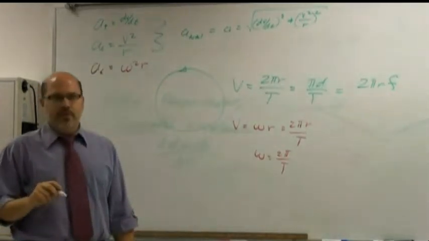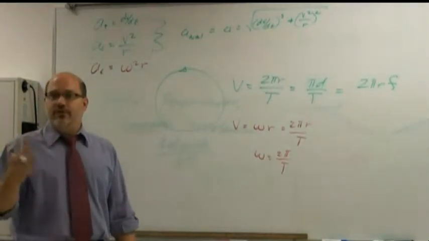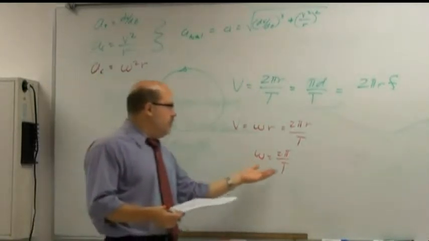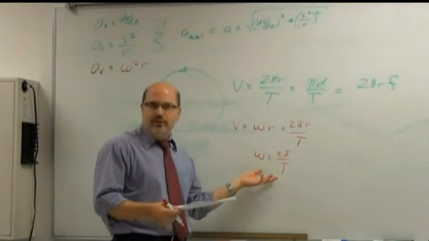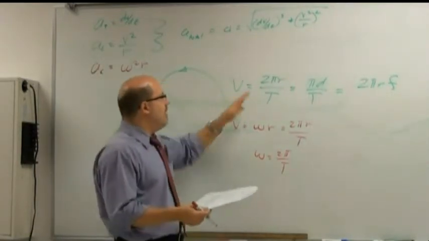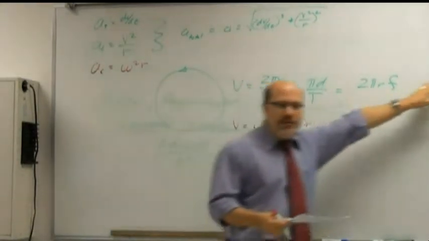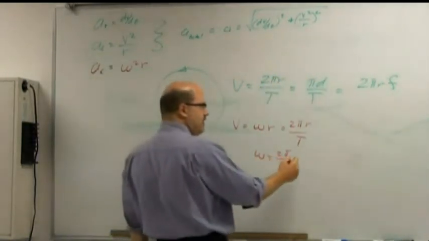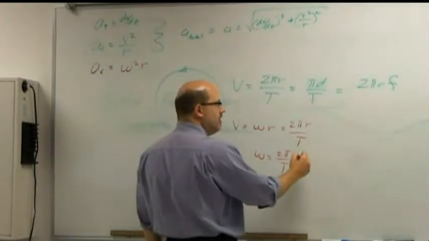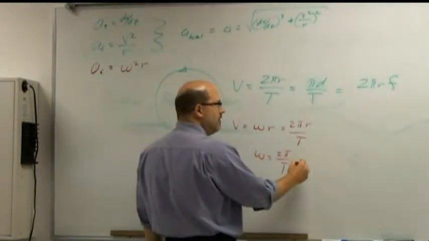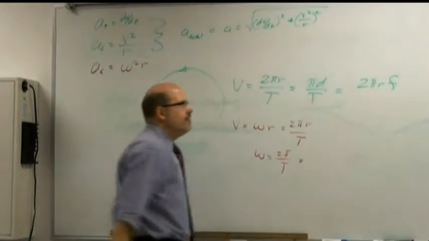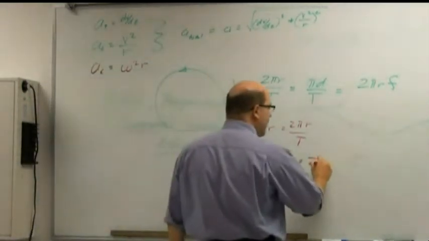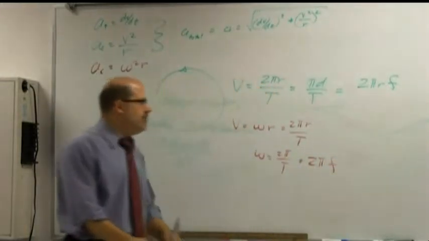That's cool. Now, what I would suggest is that during the test, if you run across some of these things, some of you will remember that and some of you won't, and that's okay. If you don't remember it, remember some of the basic ones and then just derive it. It's not that hard. How do I put this in terms of frequency? 2 pi f. We've done that one before, and that should make sense, right?